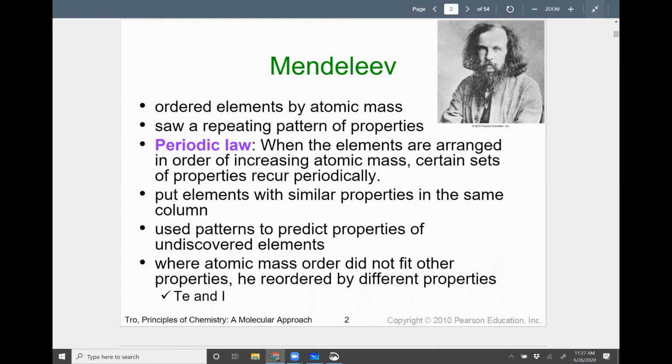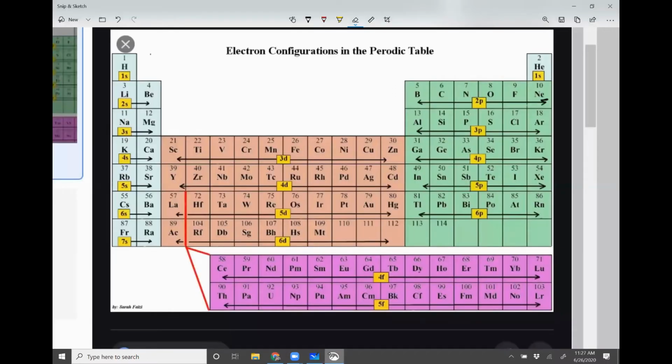And what he came up with was what we call periodic law. Periodic law says that atoms are periodically similar to each other. That's why it's called the periodic table. Hydrogen is like lithium and sodium and potassium, but it's not like helium at all. And then it switches back.